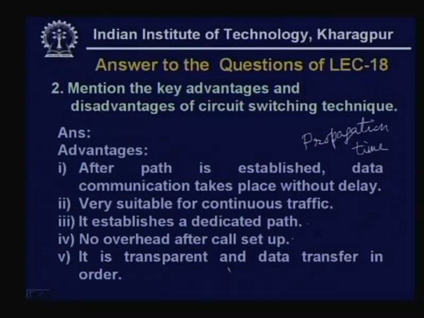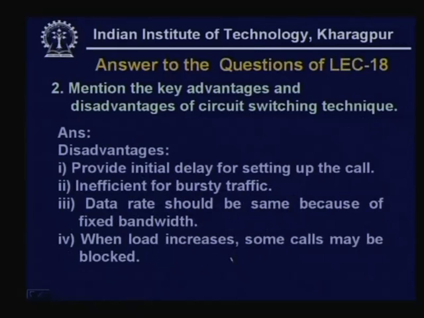So, if you send data or packets will reach in order, and this is the advantage of the circuit switching technique. The disadvantages are it provides initial delay for setting up the call, and as I mentioned, it is inefficient for bursty traffic.